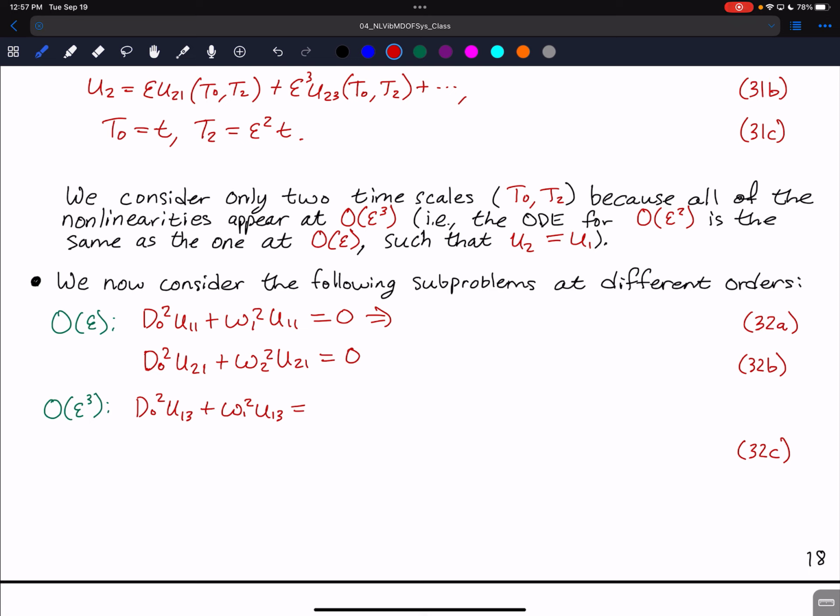From the first equation, we'll get that U11 is equal to A1 function of T2 times e to the j omega 1 T0 plus its complex conjugate. From the second equation, we'll get that U21 is equal to A2 function of T2 times e to the j omega 2 T0 plus its complex conjugate.